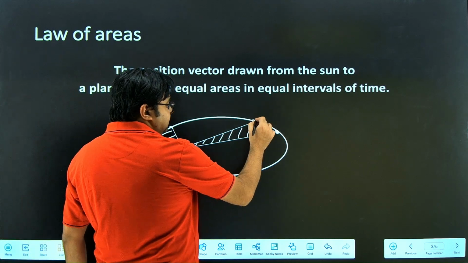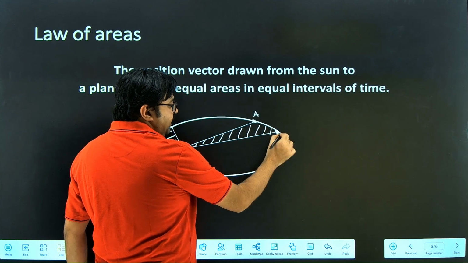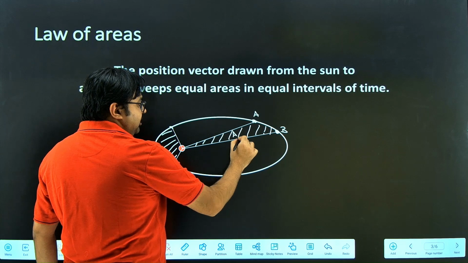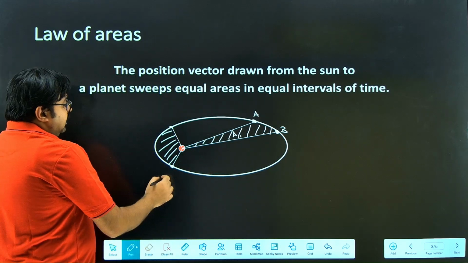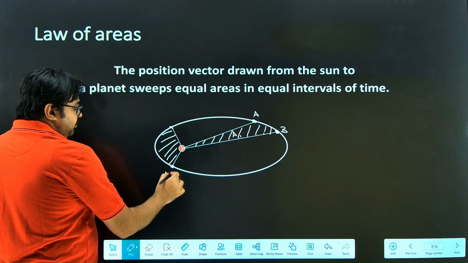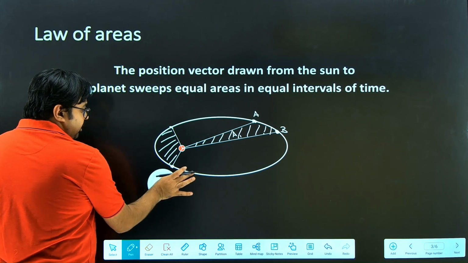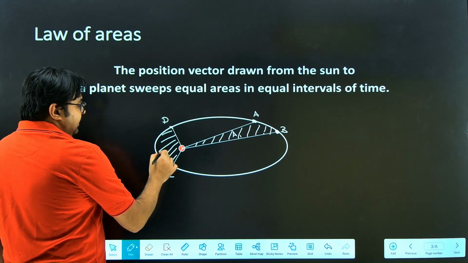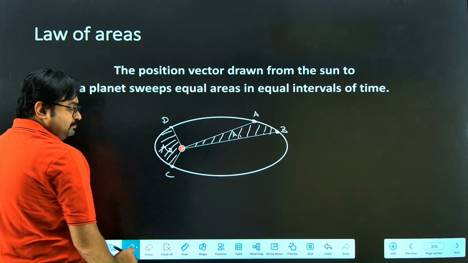In the first case, planet moved from point A to point B, and this was the area. Let me call that A1. In the second case, the position vector went from point C to D, and the area in this case, let's say, is A2.